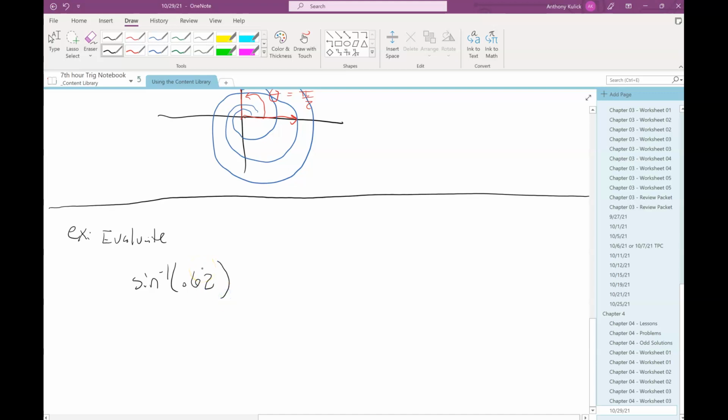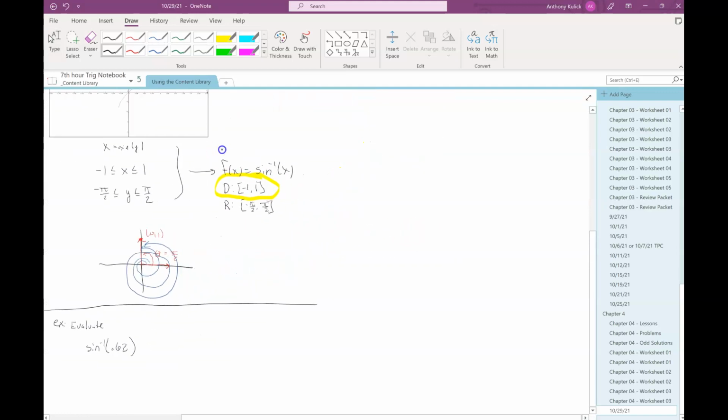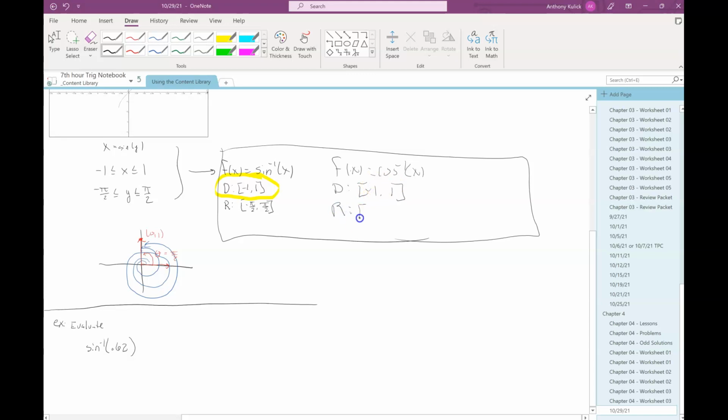So let's say I want to do sine inverse of, oh, shoot, before we get going, we shouldn't do this yet. We should define the other two trig functions. So we'll also have a cosine inverse. Its domain is the same as sine's, but its range goes from 0 to positive pi.